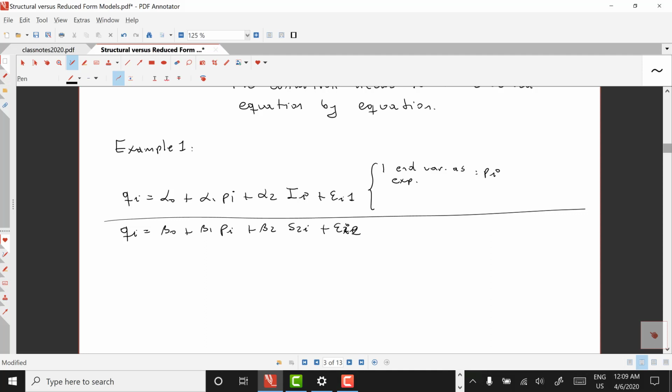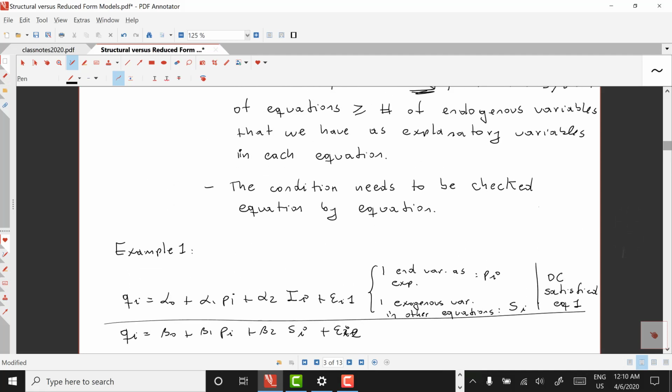We have one exogenous variable in other equations, and that is Si. Therefore, the other condition is satisfied for equation 1.